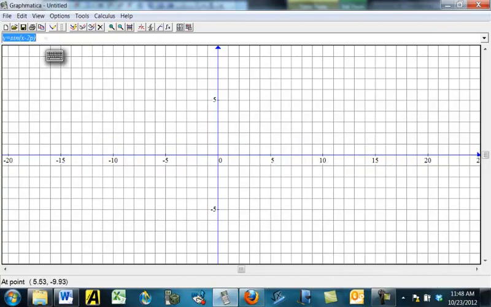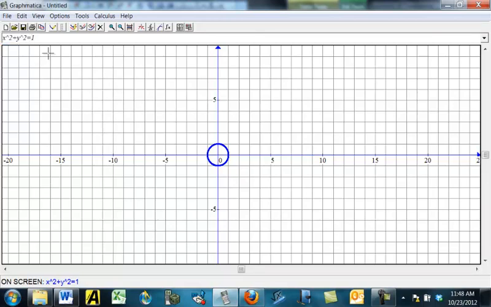Alright, now let me just do a few more things here with a couple of different programs. First, with Graphmatica, I'm going to use an example to get us started, and this is x squared plus y squared equals 1. That's actually going to be a circle centered at the origin of radius 1.